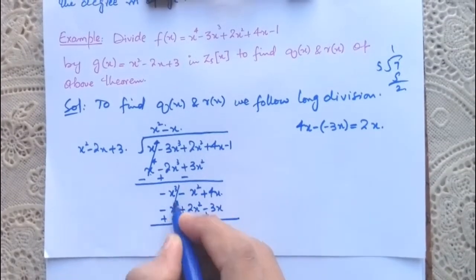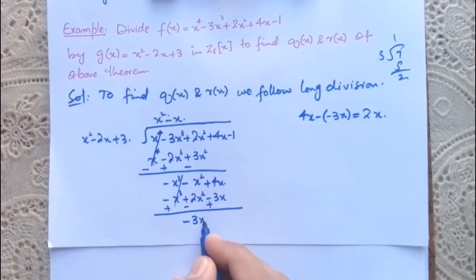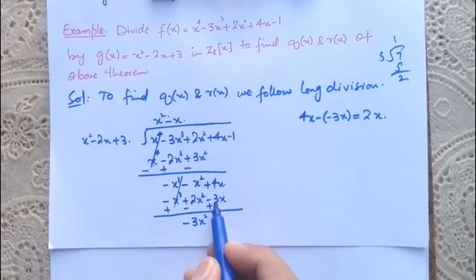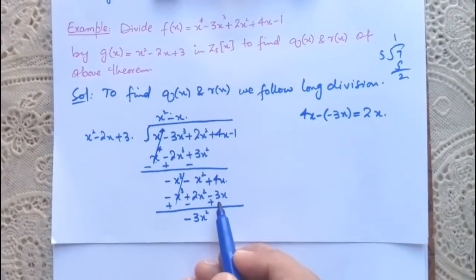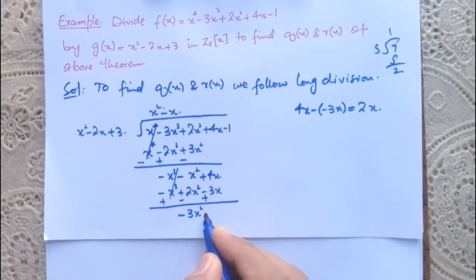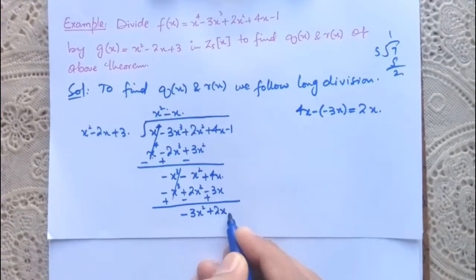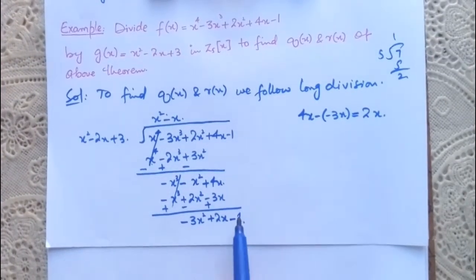So it becomes minus 3x, and plus 4 plus 3 is equal to 7x, and 7x in Z5[x] is equal to plus 2x, right? Plus 2x. Now we write minus 1 here, minus 1.